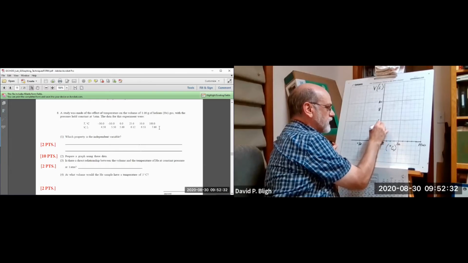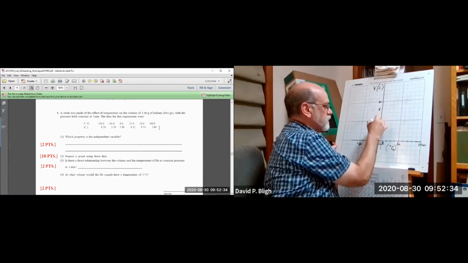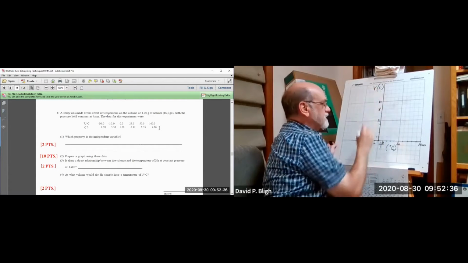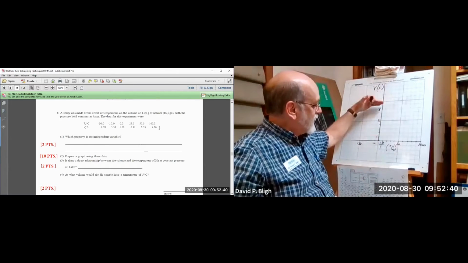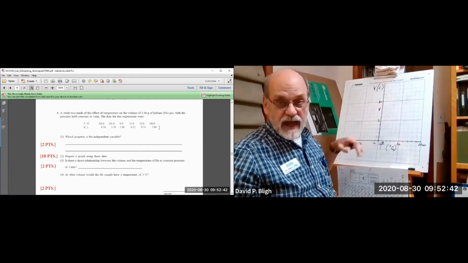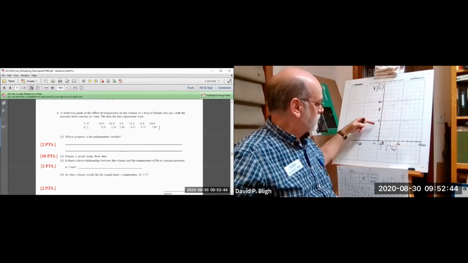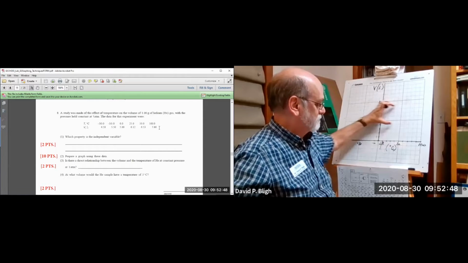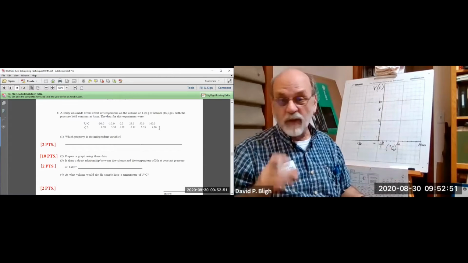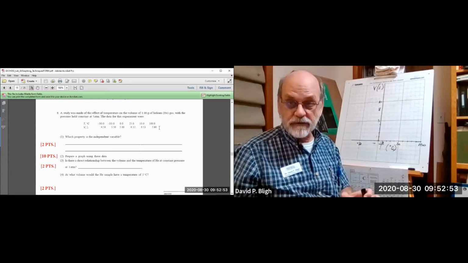The subunits would be 1, 2, 3, 4, 5, 6, 7, 8, 9, 10. So we're going to be within 8 on this scale and greater than 4. So it's going to be squeezed in here. We can't help that. That's just the way the data falls.